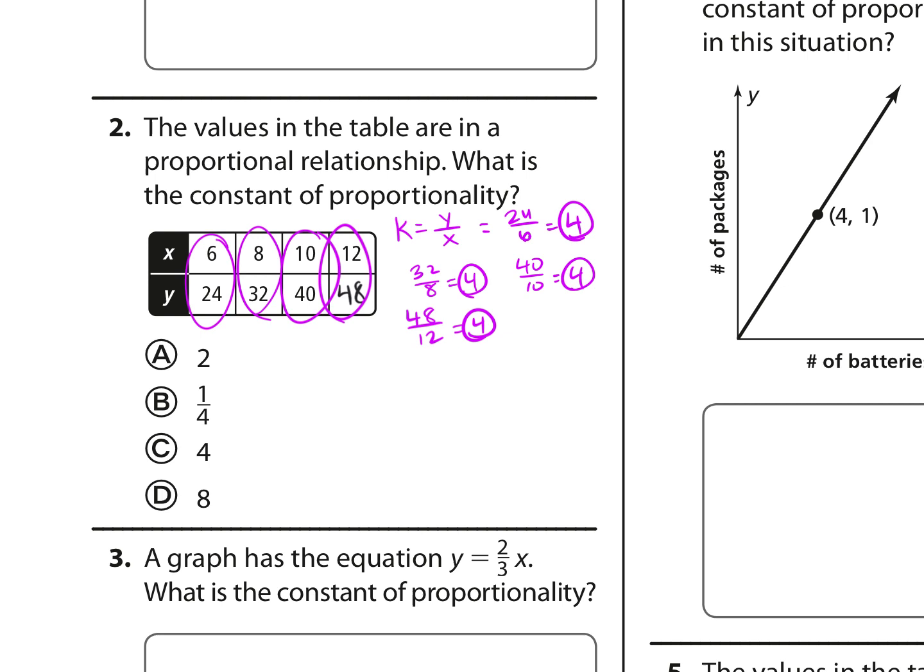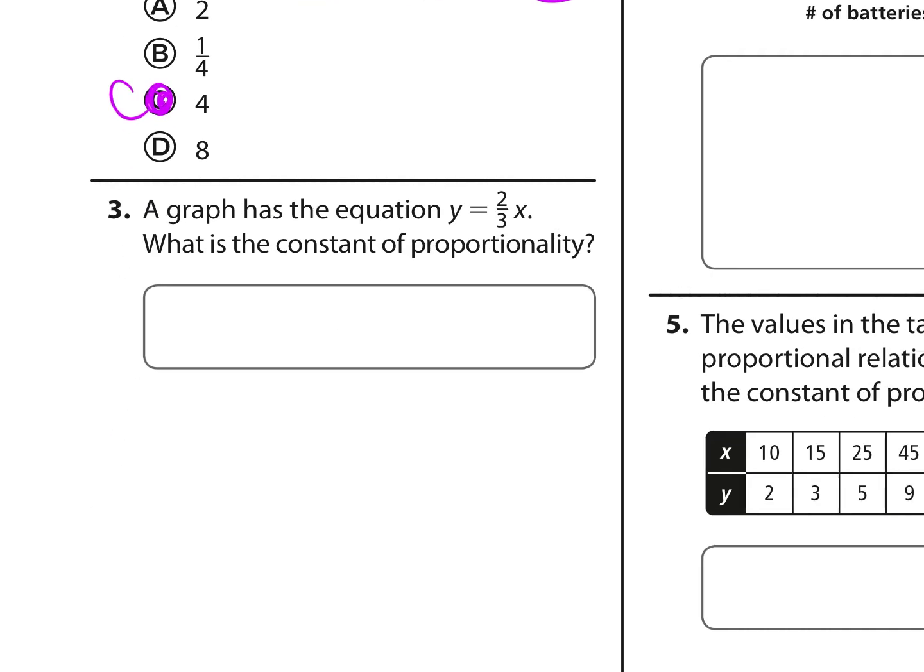So every time we get that k is 4. Answer choice C. Number 3, a graph has this equation y = 2/3 x. What is the constant of proportionality? This fits y = kx, which is an equation for the constant of proportionality, and we find that value is 2/3.